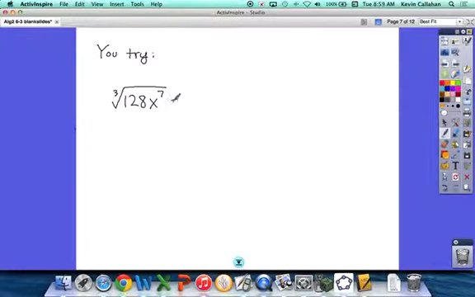So let's see. We're going to write this like the third root of 128 times the third root of x to the 7th. And that is 64 times 2.